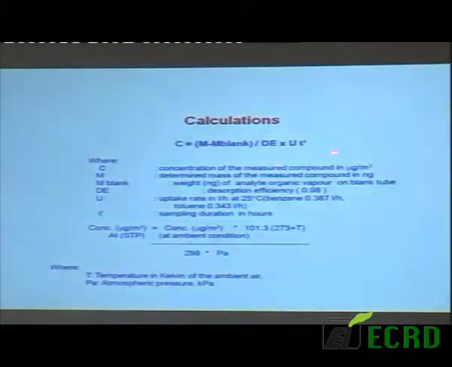D is the desorption efficiency and U is the uptake rate of benzene, toluene, xylene or whatever compound from air by the adsorbent, and T is the time you have exposed. Then you can calculate the concentration in normal meter cube using this formula. Next, please.